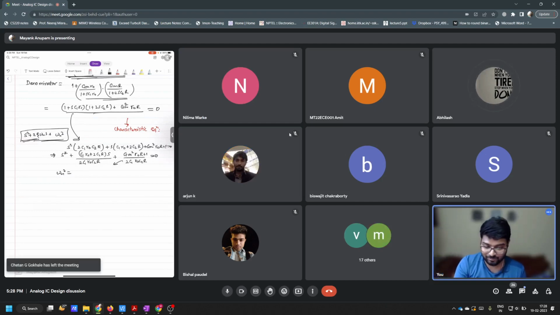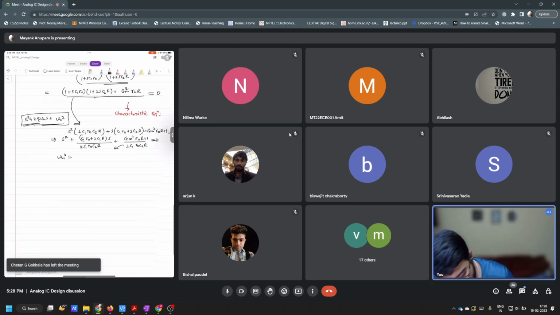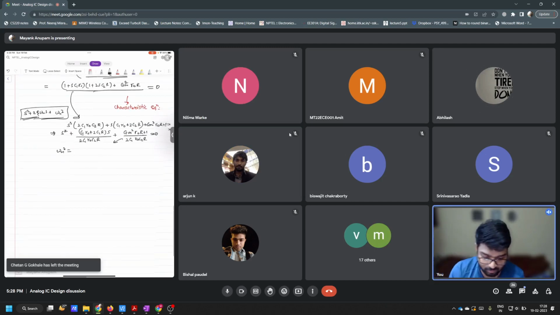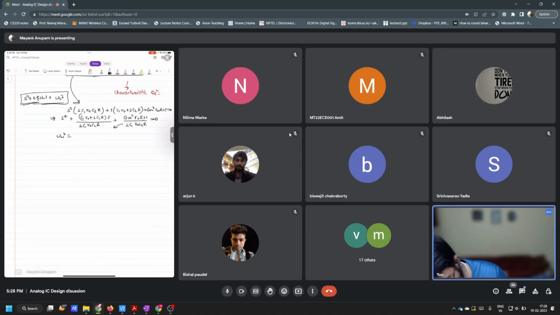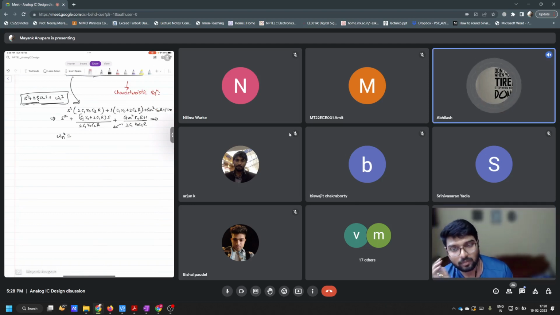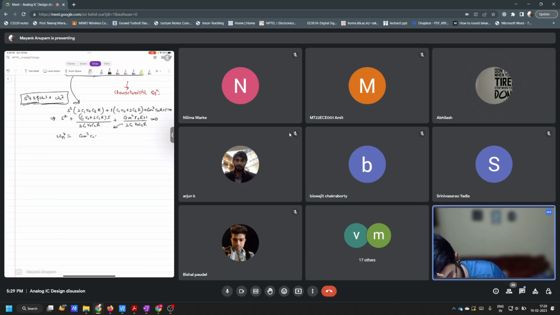So this is plus 1. Now what is omega n square? This whole thing: gm square R naught R plus 1 divided by 2 C1 R naught C2 R. This is omega n square.